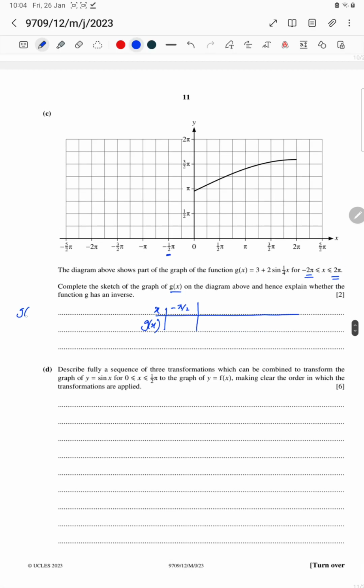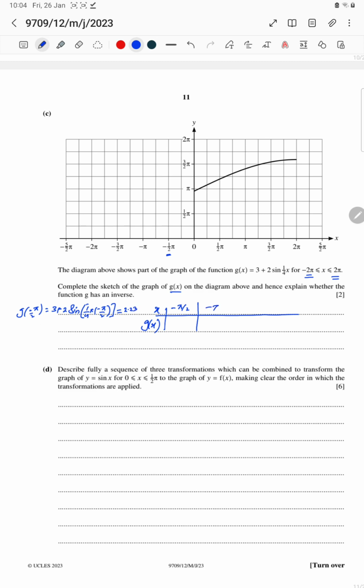Let's see, g of minus pi by 2 will be 3 plus 2 sine of 1 by 4 times minus pi by 2. With the help of a calculator, when I solve, I will get 2.23.